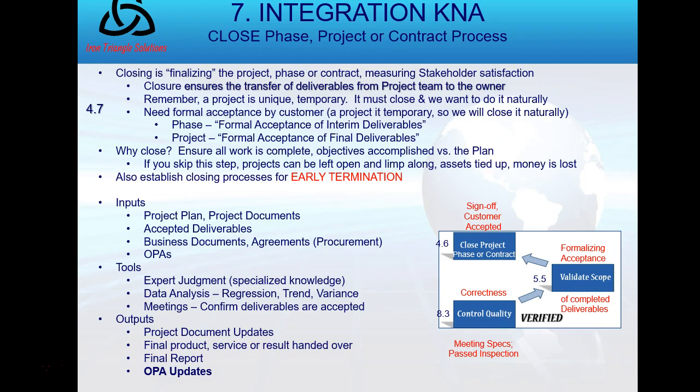Once it passes inspection and is correct per the requirements and quality standards, then I'll go to validate scope, another process we're going to have in the next few weeks, which is getting the customer to formally accept the deliverables, either for the phase or project. Then I'm ready to go to close phase or contract and have the customer sign it off. And that's how the three of those relate together.